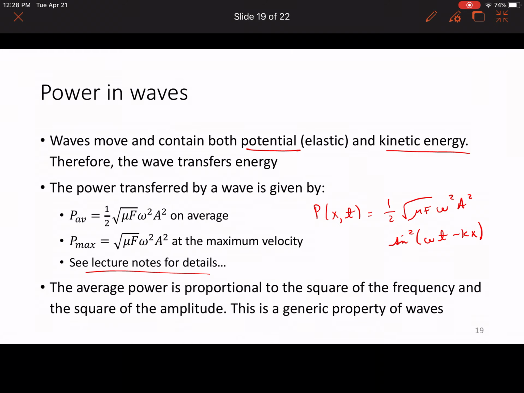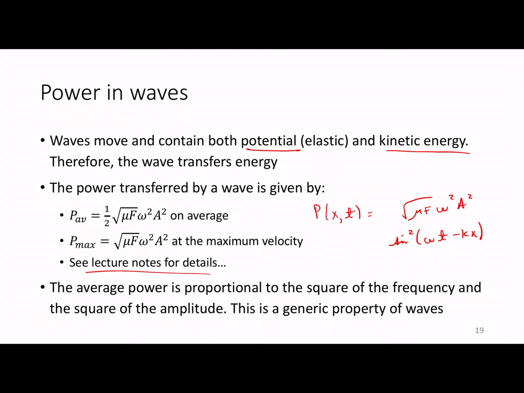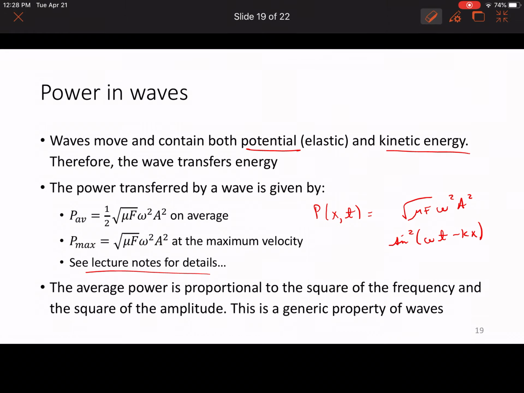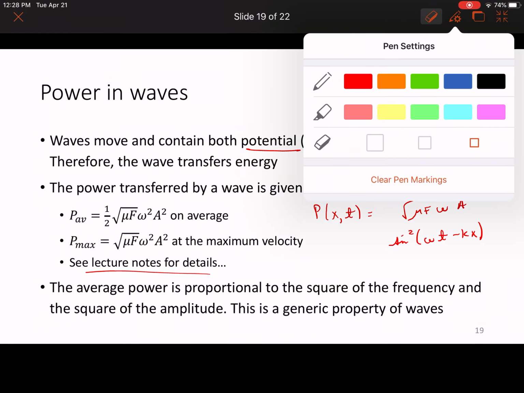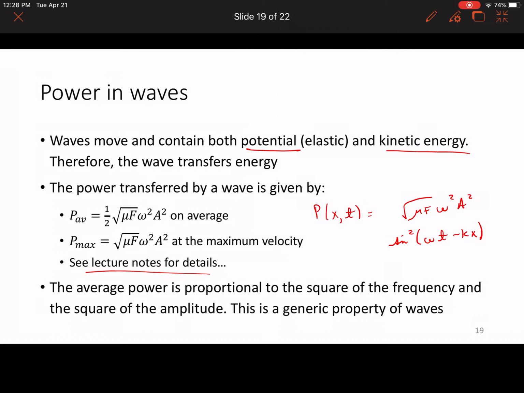I'm sorry, there's no 1/2 right there. So there's this overall prefactor, square root of mu F omega squared A squared. That's the big one, that's what's doing the majority of the work. The sine squared simply tells you that there's some time dependence there.